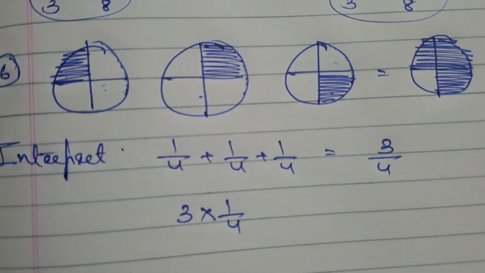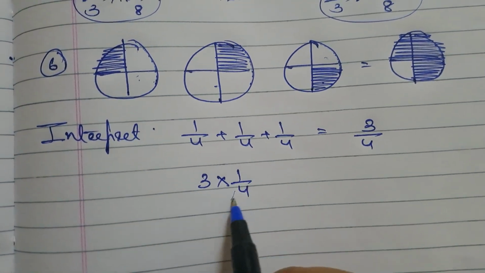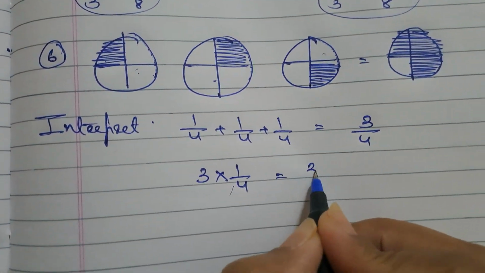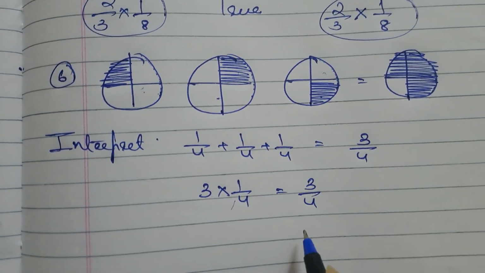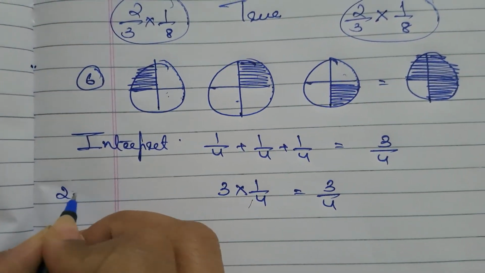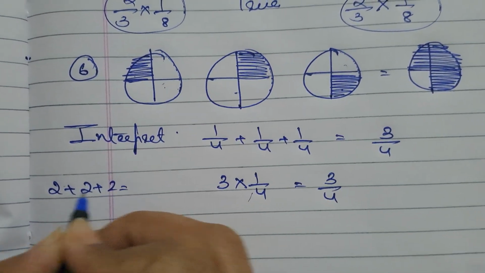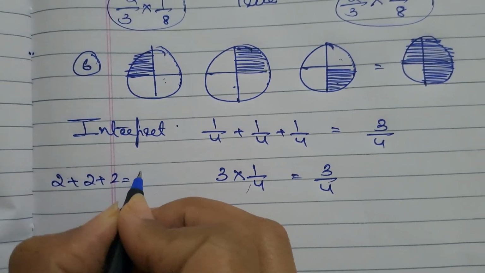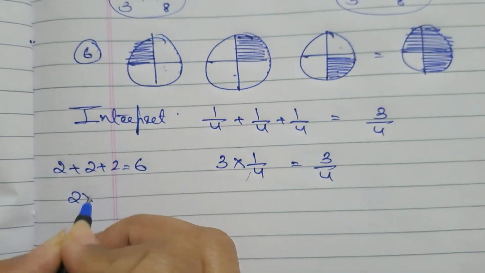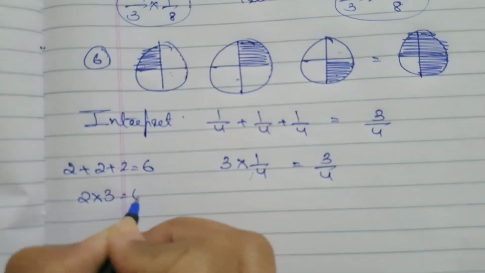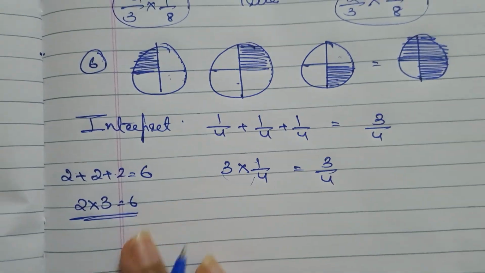Like the repeated addition or multiplication that we are doing in here. So 3 times 1 by 4 is equal to 3 by 4, the final answer that you will get. It's like this: 2 plus 2 plus 2 is equal to 6, and 2 times 3 is also 6. That's why I have done it here.